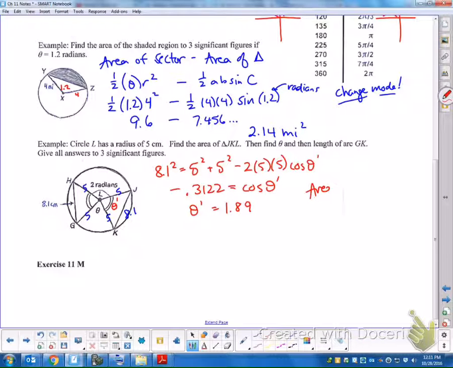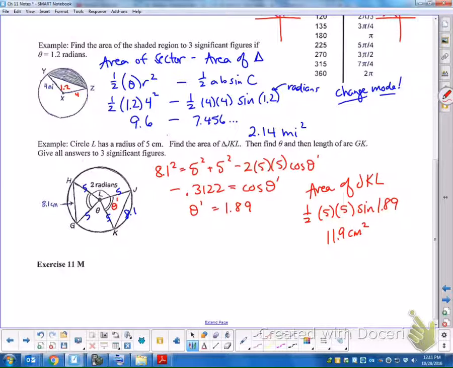So the area of JKL is going to be 1/2 side times side times sine of 1.89. And it's perfectly fine for you just to go ahead and use the rounded 1.89. If you really want to be more exact and you want to use that big long number that's in your calculator, that's fine. The IB exam is not going to expect you to do that, but whatever. My area is 11.9 centimeters squared.